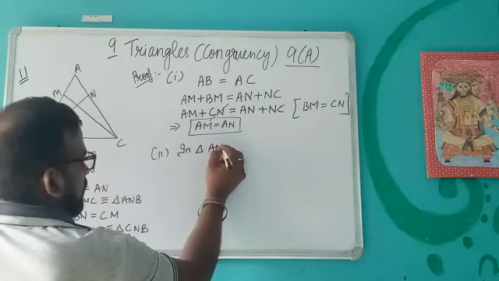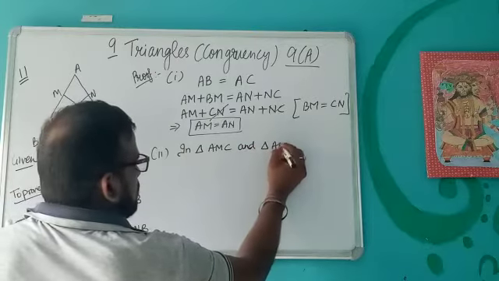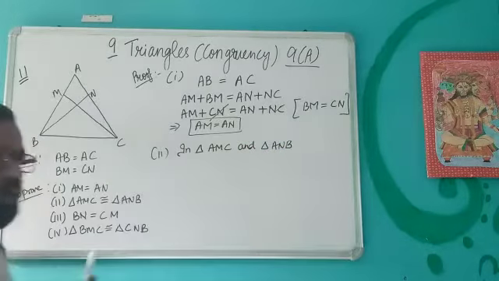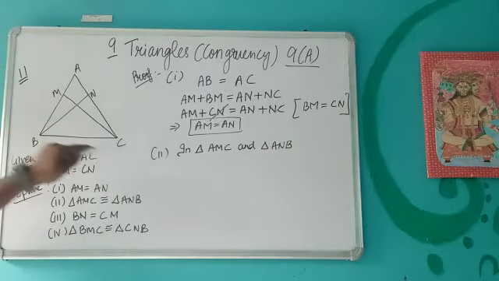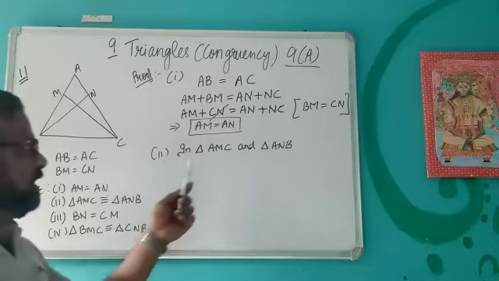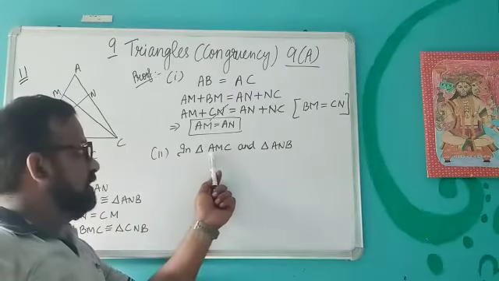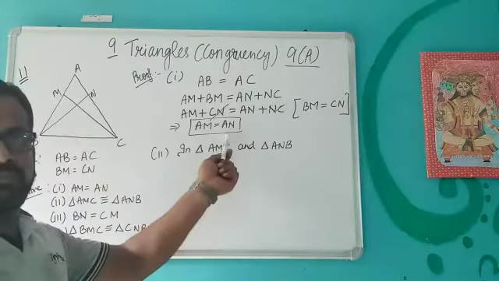So we will take the triangles and first we will analyze these triangles. So AMC is this, and ANB is this. So first analyze that. So first two sides AM equal to AN. This we have just proved. Now MC equal to NB, we did not know.